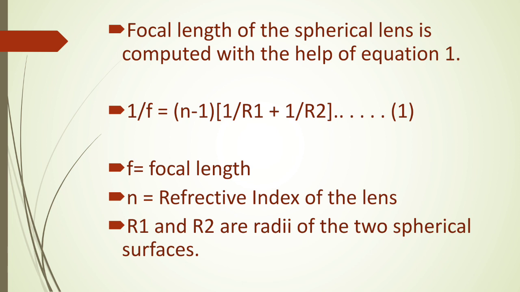The refractive index of the glass is 1.5. R1 is the curvature of one spherical surface of the spherical lens, and R2 is the curvature or the radius of the other spherical surface. So if we want to find out the focal length of a spherical lens, we can do it with the help of equation number 1.